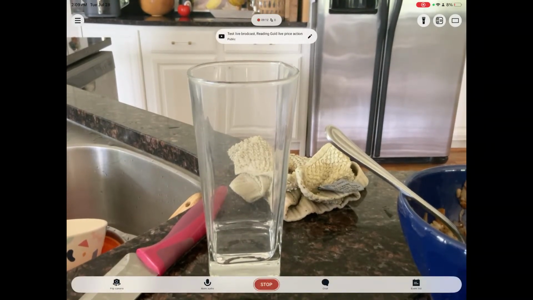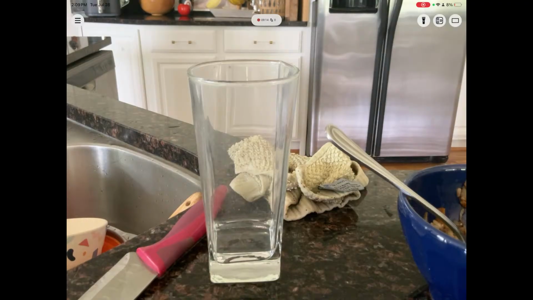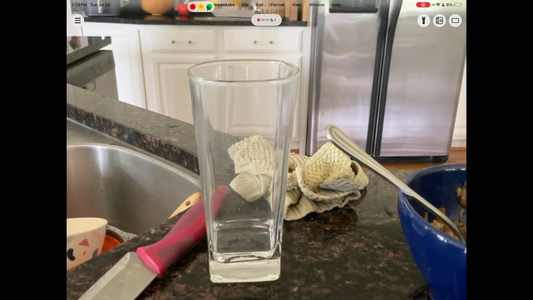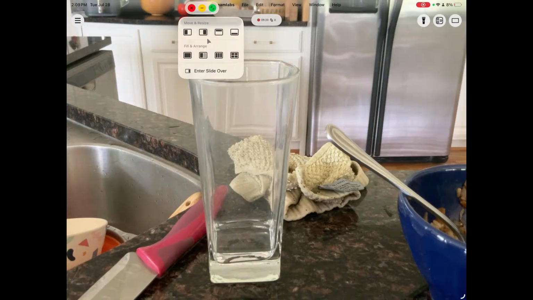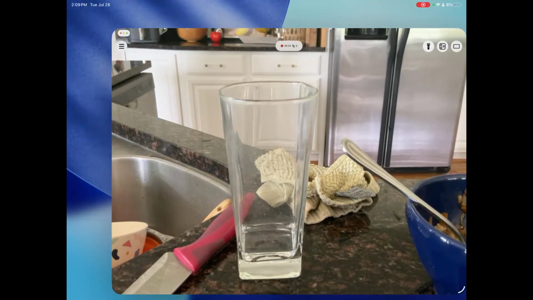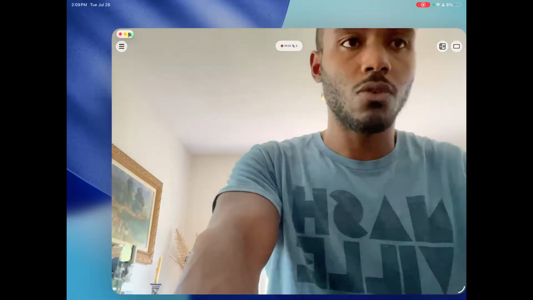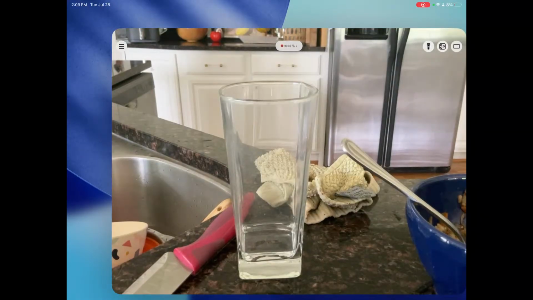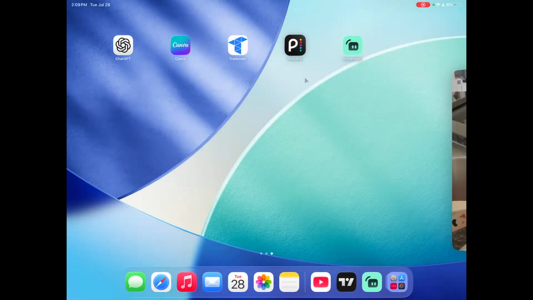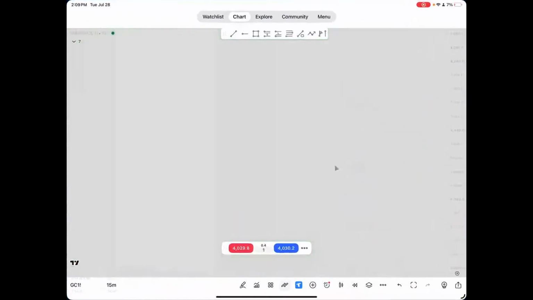Let me see here. Let's move it over here. How about that? Let's see how that works. Oopsie, don't want you to see my face. Oh well. Don't really know.